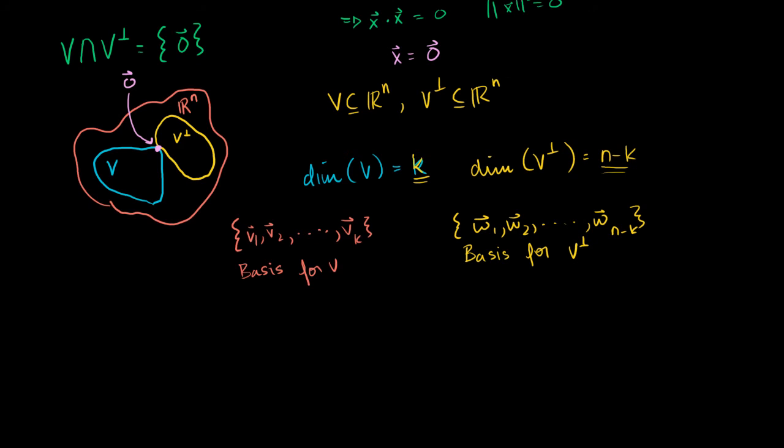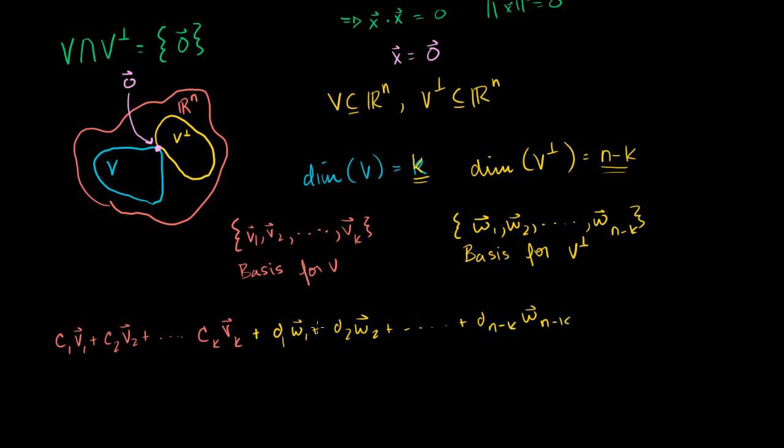So let's just say that for some constants c1, and let me write it this way: c1 times v1 plus c2 times v2 all the way to ck times vk, plus, for the constants on these guys, I'll use d, d1 times w1 plus d2 times w2 all the way to plus d(n minus k) times the basis vector w(n minus k).